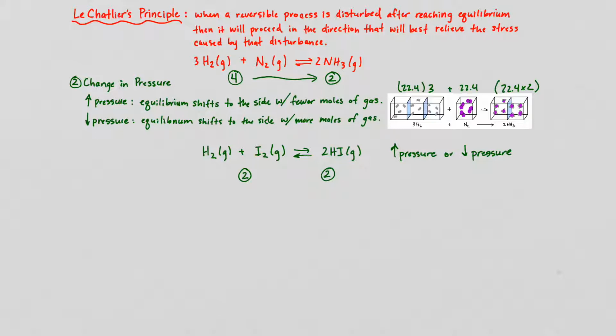Okay, so equilibrium is only going to be disturbed if we have a different number of moles of gas on one side of the reaction versus another. What if I did this one right here? If I did 2SO3 gas, so sulfur trioxide, and I divide those into the component elements here.